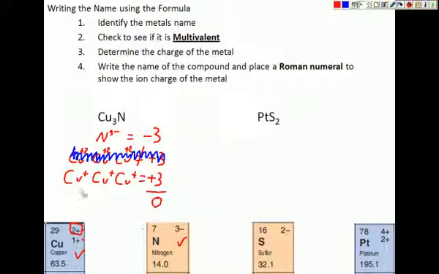So what we're going to do now is we're going to name this by writing the metal first. Copper. The ion that we used. We did not use this ion. We used this ion. So we're going to write 1 in Roman numerals.